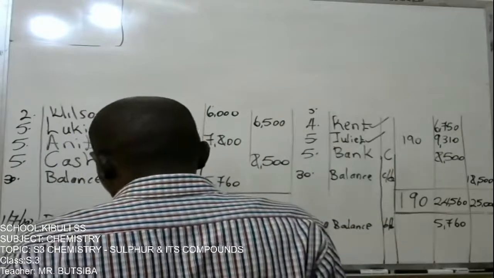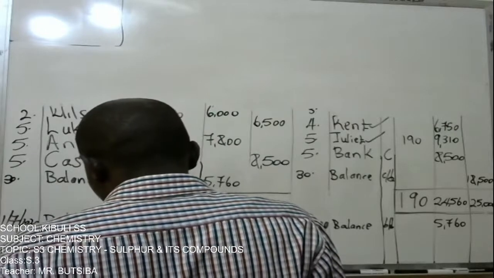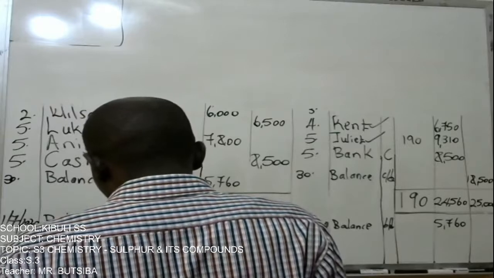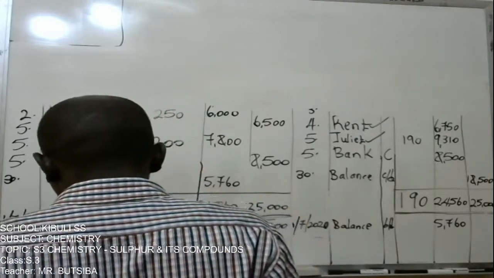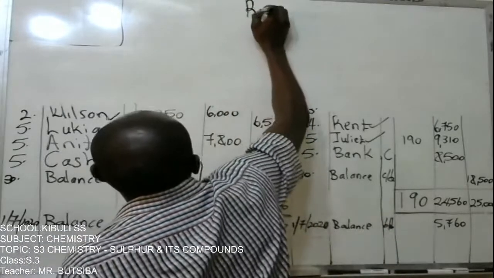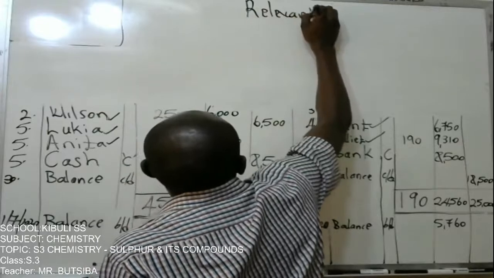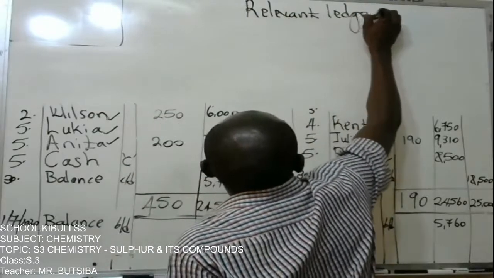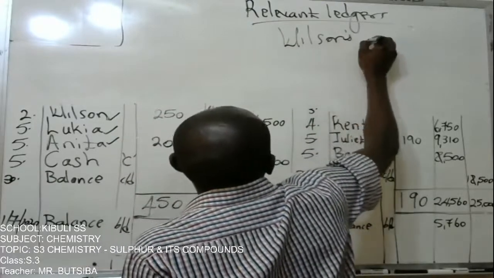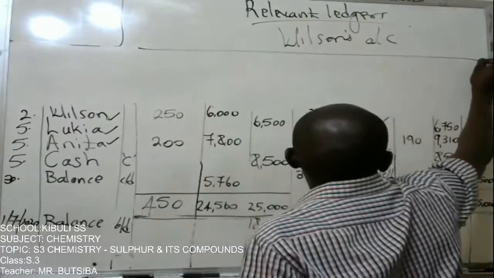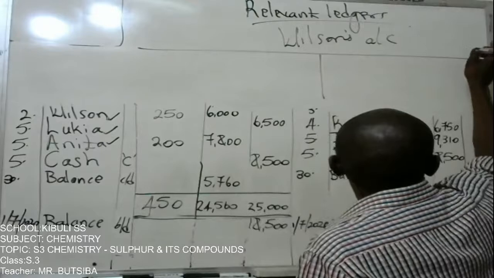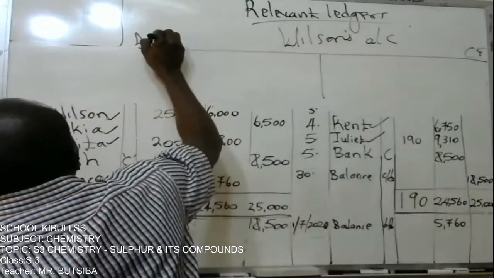Okay, so when it comes to, for example, the transaction on second, received cash from Wilson, less 4% discount. So if you are in the relevant ledgers, you have Wilson's account. Credit, debit.